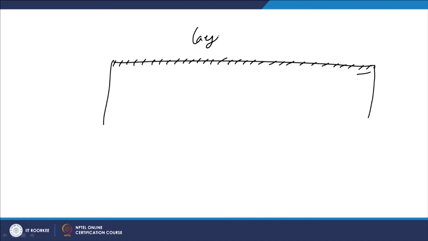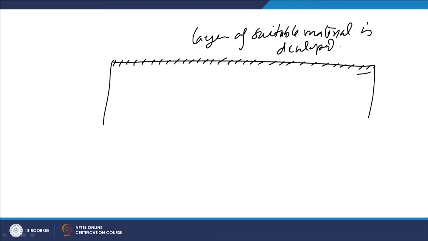So, a layer of suitable material is developed in this approach of surface modification for improving the corrosion resistance, improving the wear resistance, and improving the electrical, optical or thermal properties.